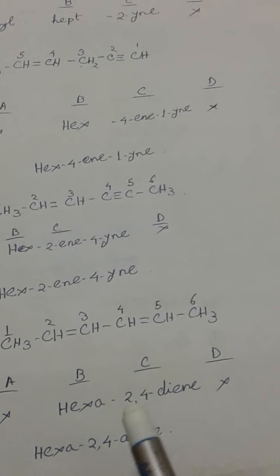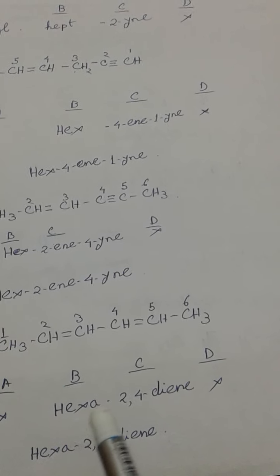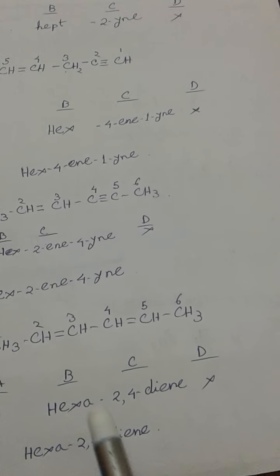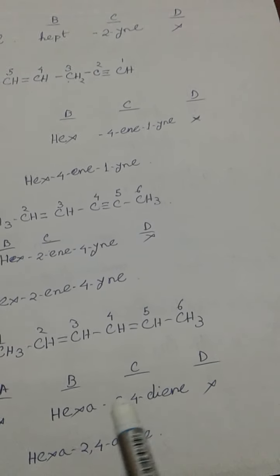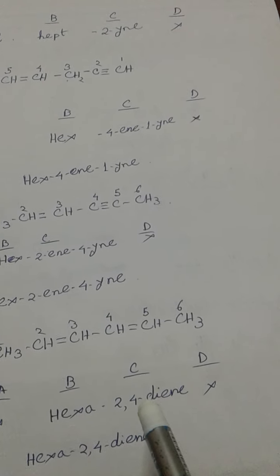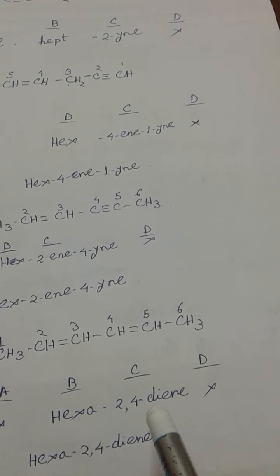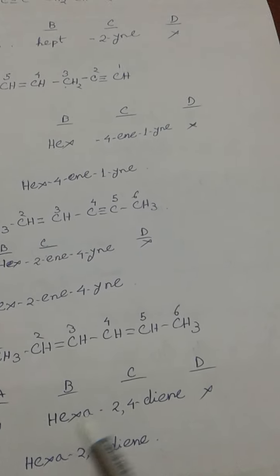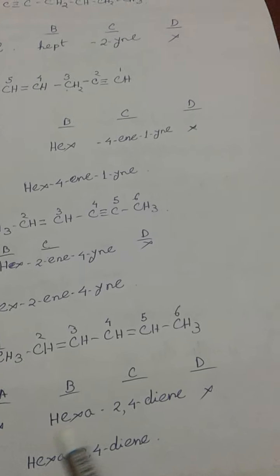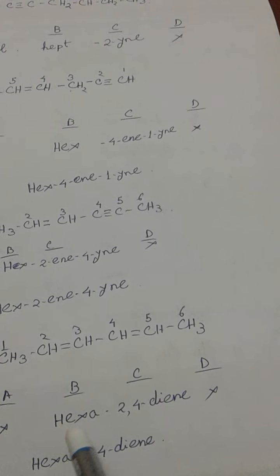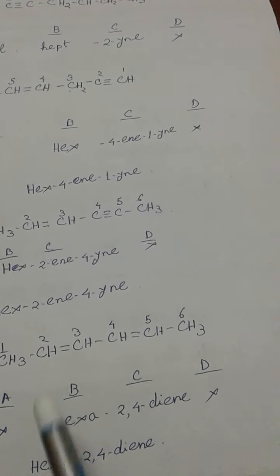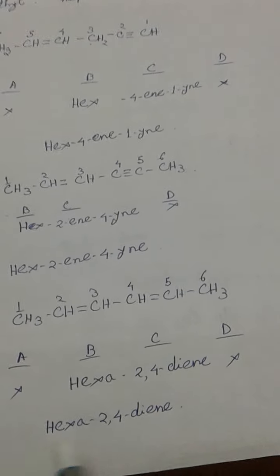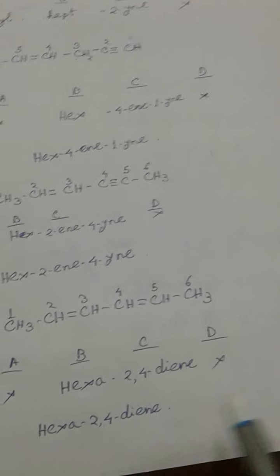And here note, you must see the letter A present after hex, it comes in the C position; if di, tri, tetra comes, then A must be written after the main chain name. So the full name is hexa-2,4-diene. Thank you.